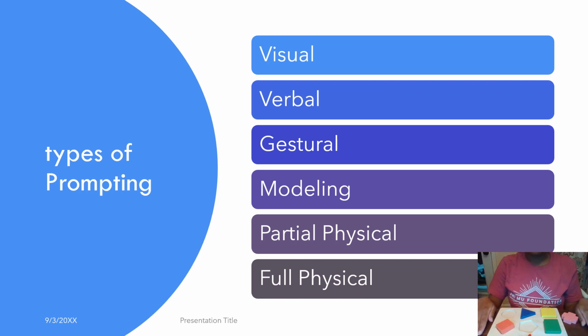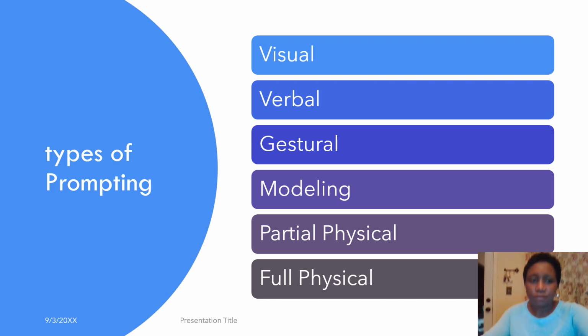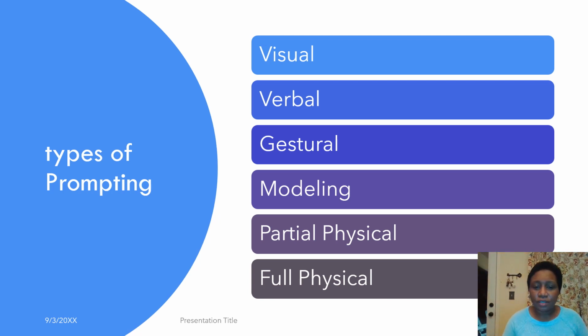That is an example of a partial physical. And now we will do hand over hand. Good job, Destiny. And as you can see, I also provided some positive reinforcement at the end.